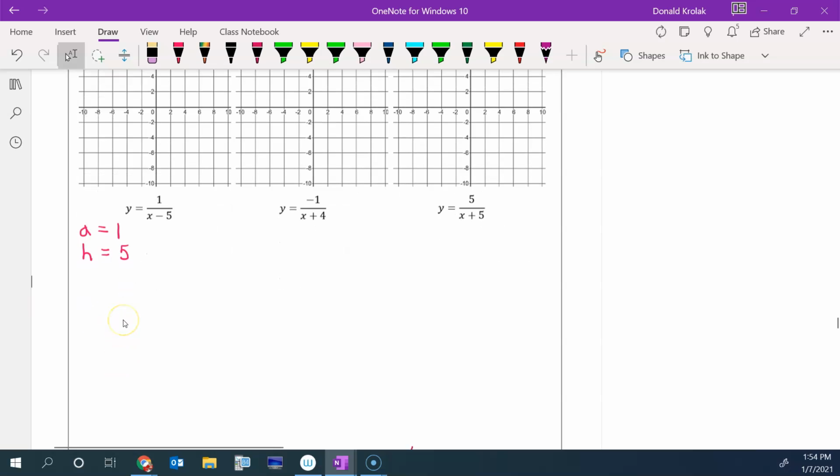Now the effect of that 5: you subtract 5 from x, then divide by 1. So this is going to be a horizontal slide, and you would slide or shift 5 right.